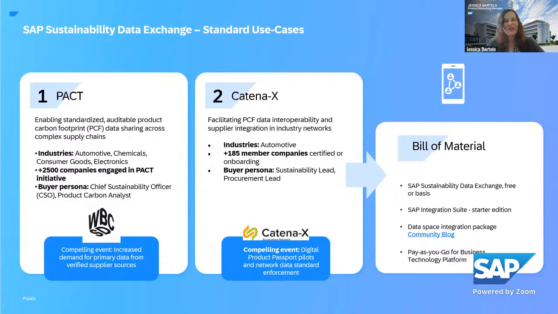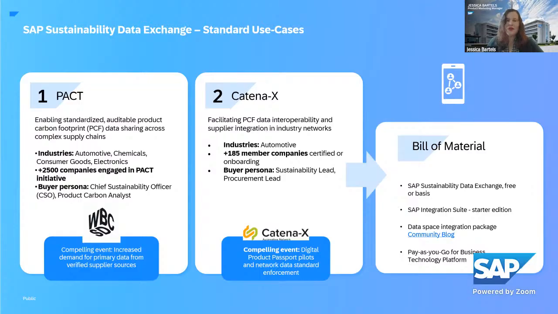So first, we have two standard use cases for the solution. The first one is PACT. This is a standard initiated by the World Business Council for Sustainable Development, and over 2,000 companies across various industries have adopted that standard already. With our solution, you can use it easily to exchange product carbon footprints at scale with your supplier in an end-tier setup.